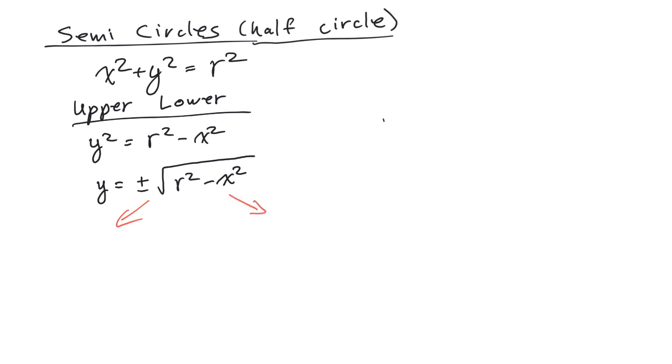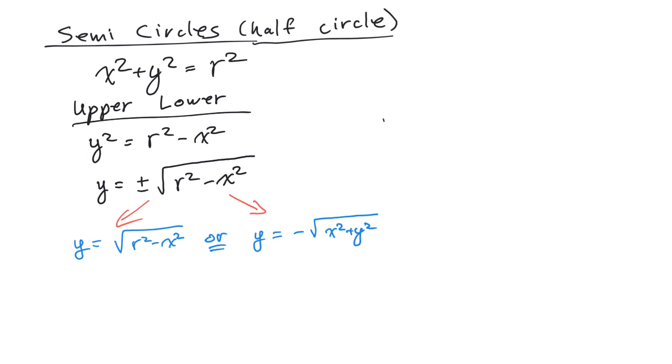Either y is equal to the square root of r squared minus x squared, or y is equal to negative the square root of r squared minus x squared. Okay?